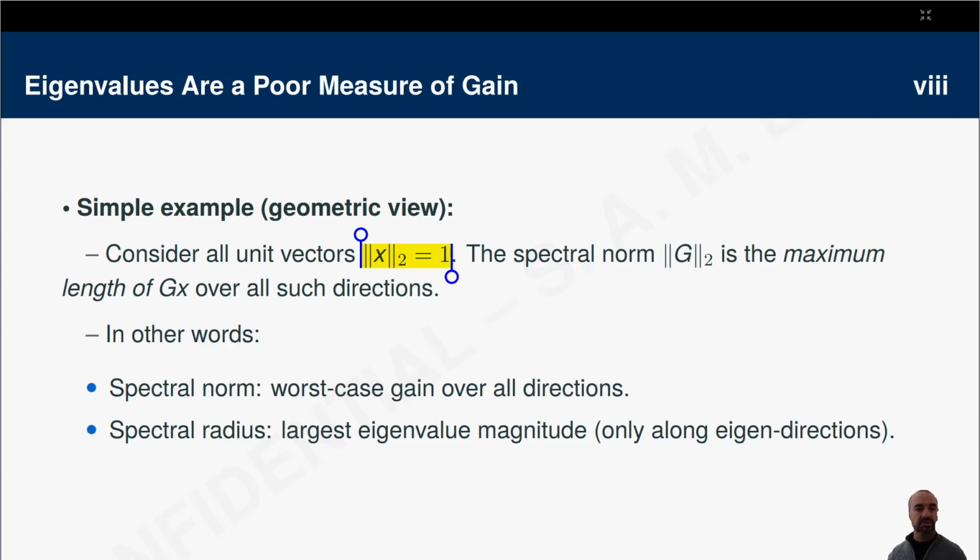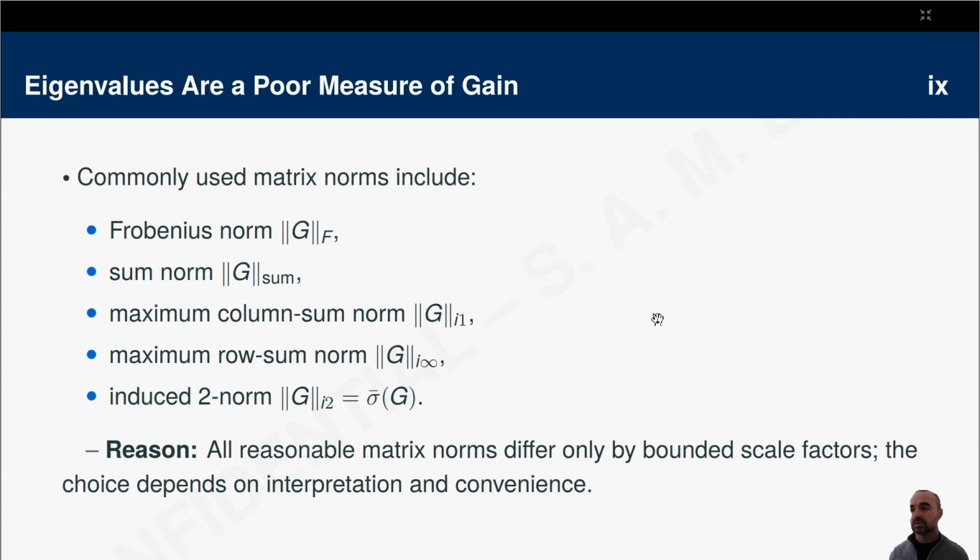Commonly used matrix norms include the Frobenius norm, sum norm, maximum column sum norm, maximum row sum norm, and induced two norm. Just so you know, there is no single correct norm in mathematics.